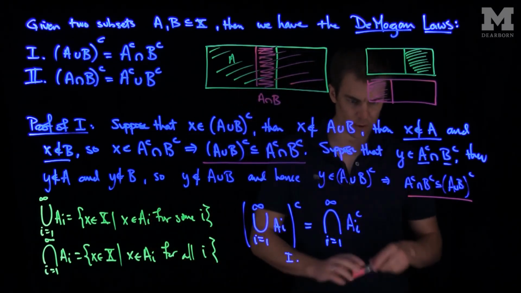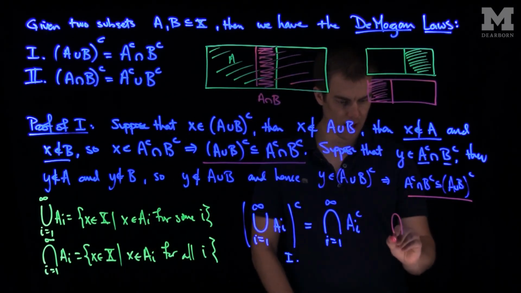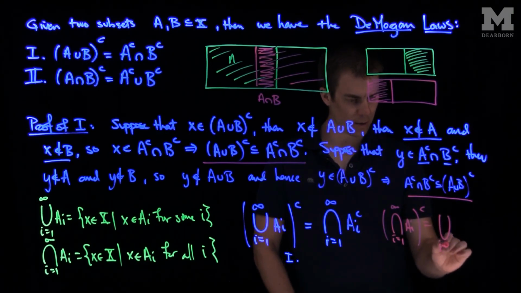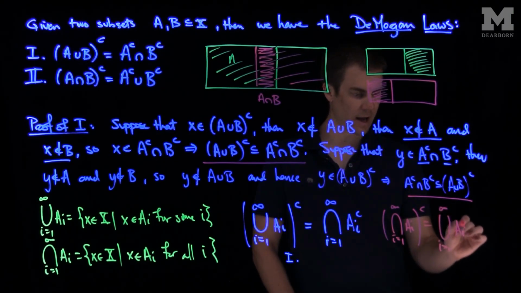And the analog of number 2 would be if I look at the intersection, i goes from 1 to infinity of A_i, and then complement it, this will be the union, i goes from 1 to infinity of A_i complement.